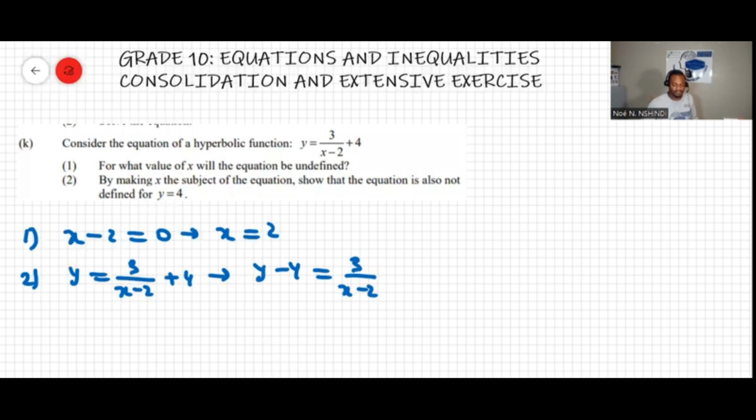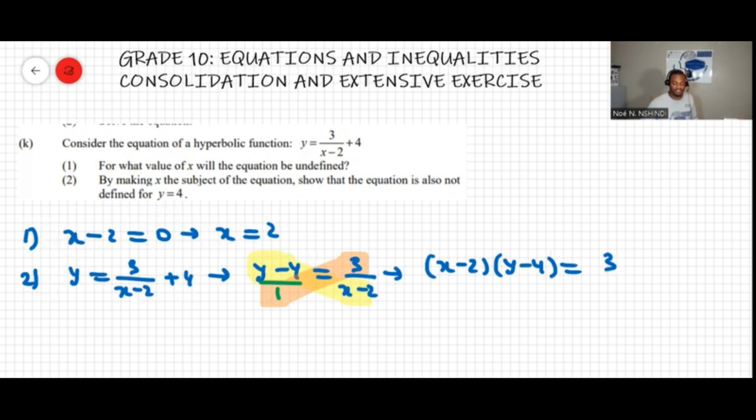Then I know that the denominator here is just 1. We can cross multiply, so this will be x minus 2 times y minus 4 equal to 3.